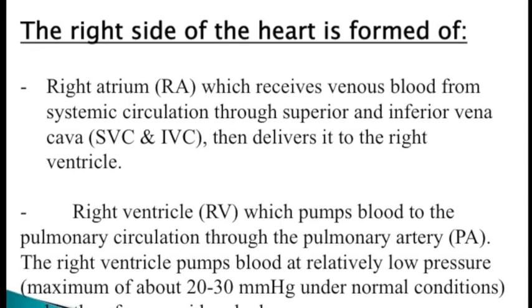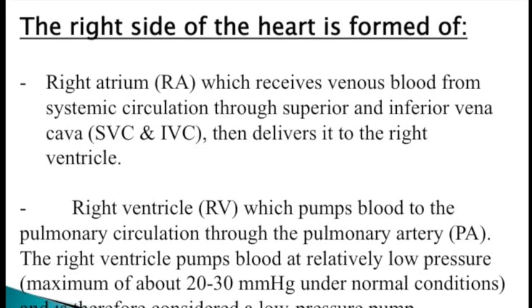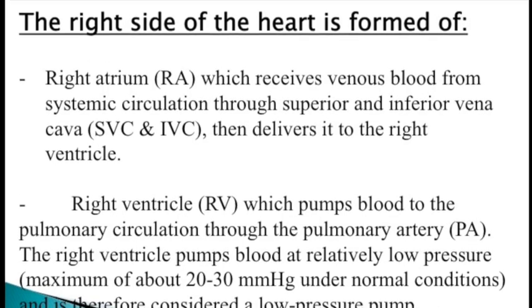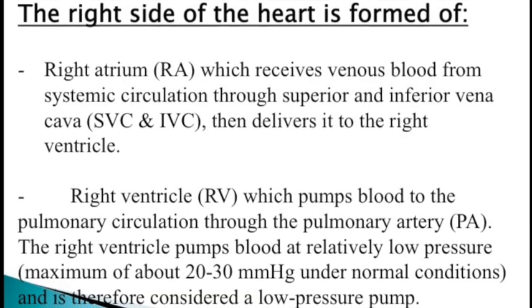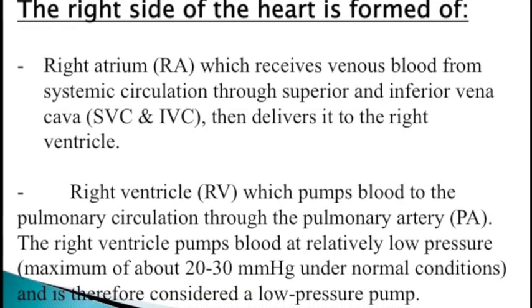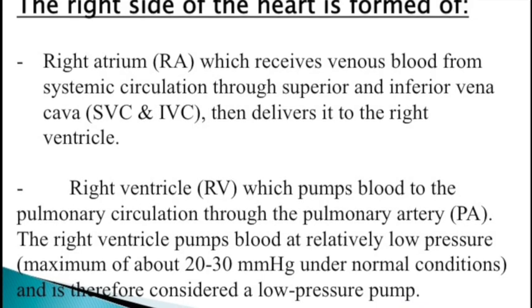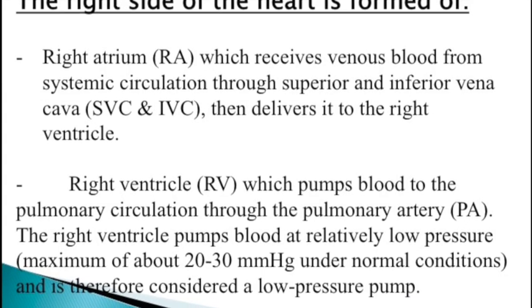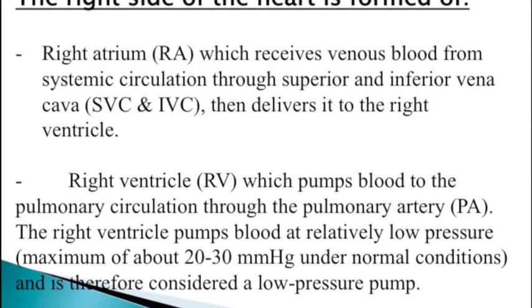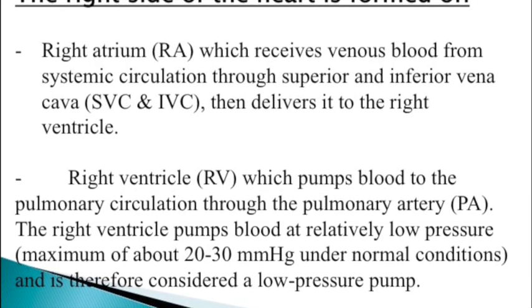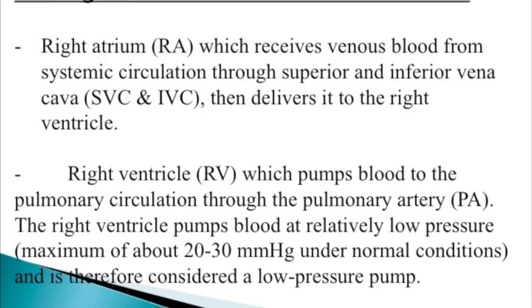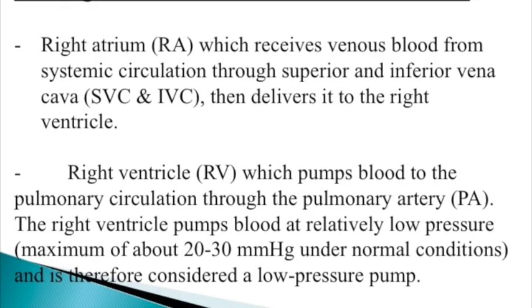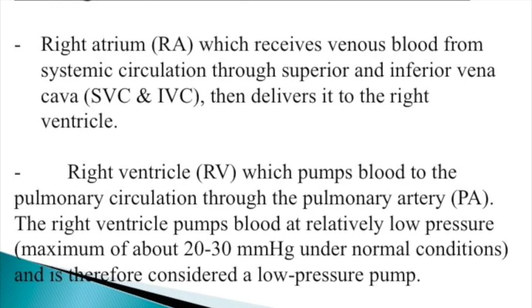The right ventricle pumps blood to the pulmonary circulation through the pulmonary artery at relatively low pressure. It's a maximum of about 20 to 30 millimeters of mercury under normal conditions, and is therefore considered a low pressure pump.